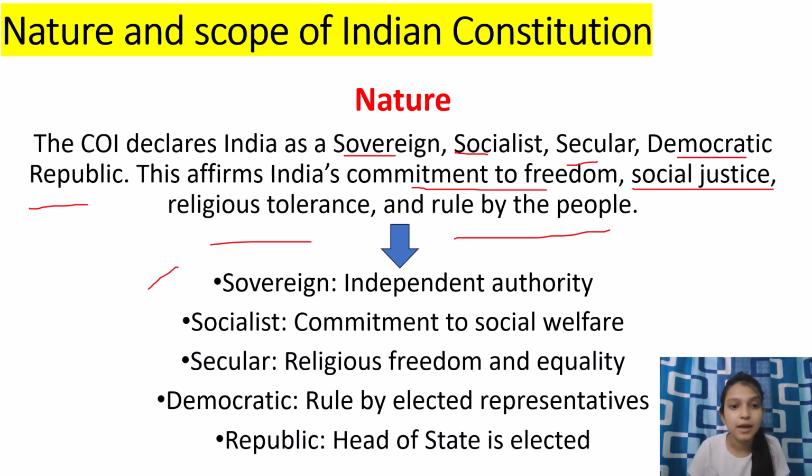Just like that, I have tried to write the meanings here. Sovereign means independent authority. The Constitution of India talks about independent authority. Socialist: commitment to social welfare. The Indian Constitution gives us a commitment to social welfare. Then it is secular: religious freedom and equality.